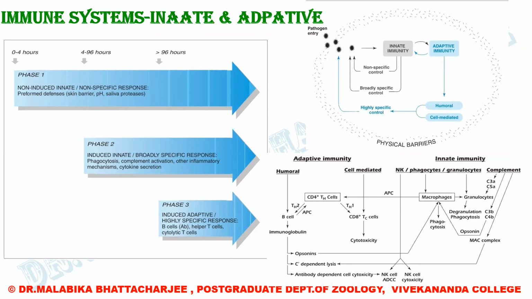Moving on to the next slide, I'd like to now name some famous scientists who received the Nobel Prize for Immunology, because we need to know the names of these persons. In 1901, it was Emil von Behring.